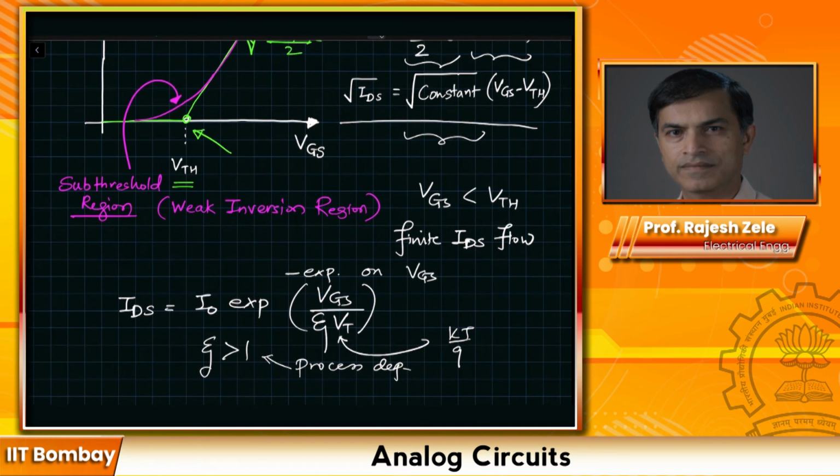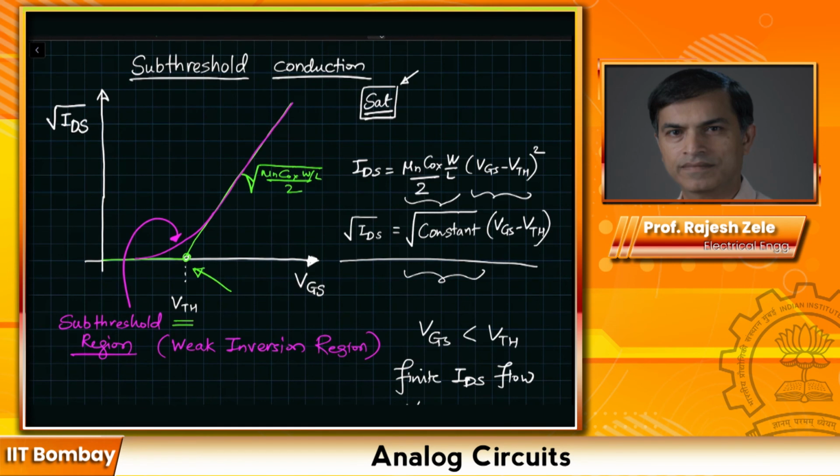So quickly you can see that this expression, I have seen it before. This expression represents our bipolar friend. In the subthreshold region, the MOSFET actually starts behaving like a bipolar transistor. However, we have this eta which is greater than 1.